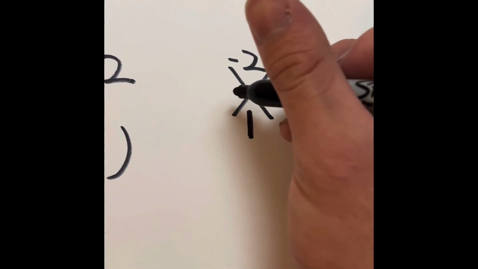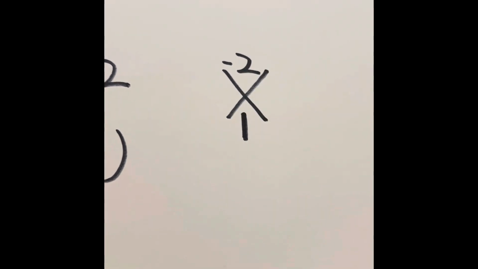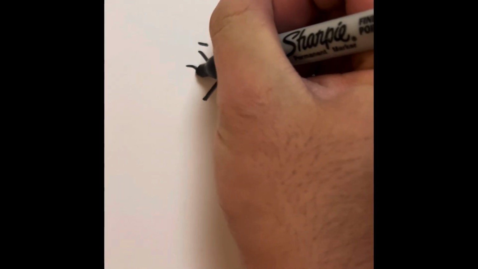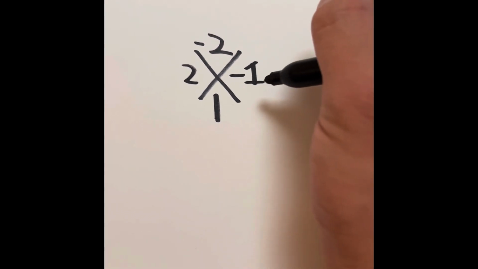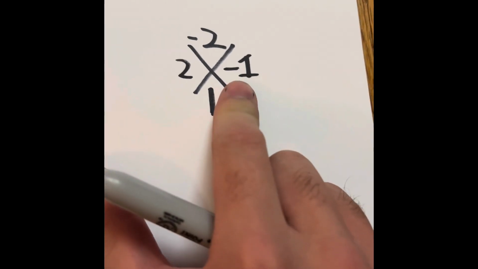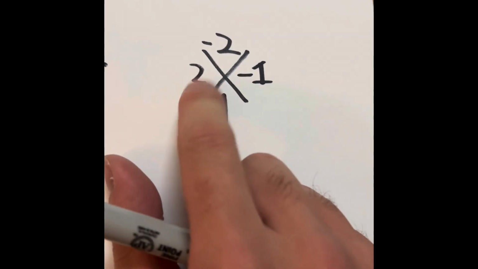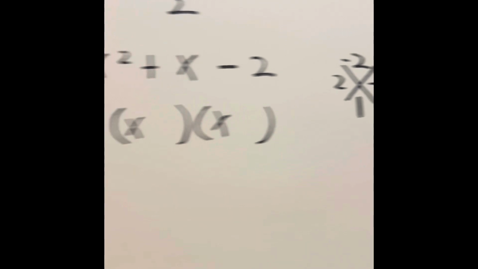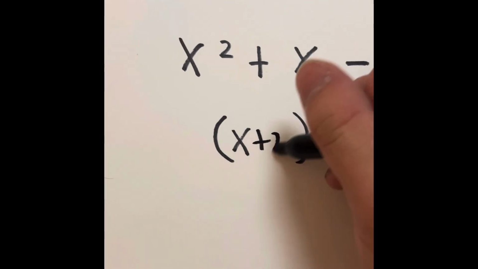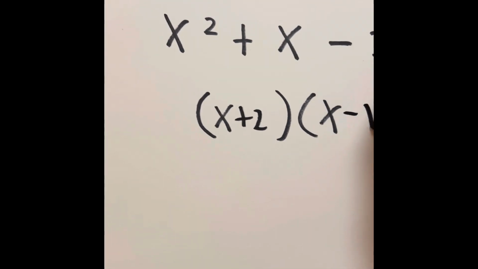We could have 2 and negative 1. Why? 2 times negative 1 is negative 2, and 2 minus 1 is 1. So that makes a lot of sense: x plus 2 and x minus 1.